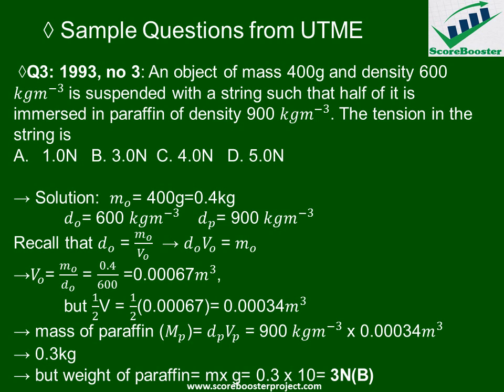The tension in the string is dash. You have option A to be 1.0 Newton, option B to be 3.0 Newton, option C is 4.0 Newton, while option D is 5.0 Newton.